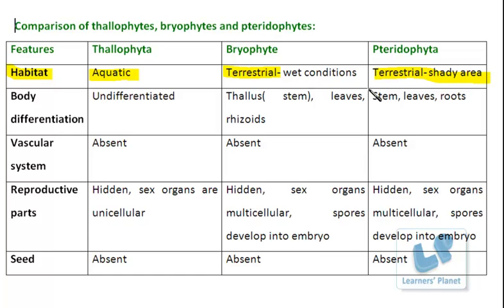One thing I would like to mention again for bryophyta: in this group there are some plants which are highly sensitive to dry conditions. That means although they grow in wet conditions, if there is a dry condition, if the water level decreases in that area, these plants may die.